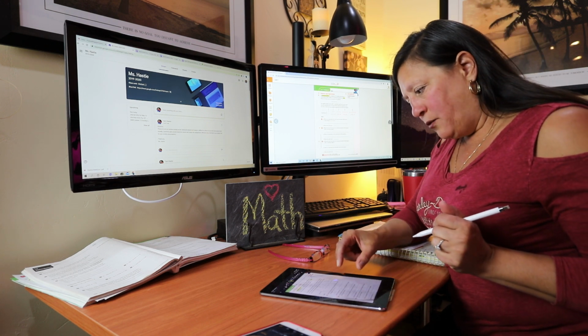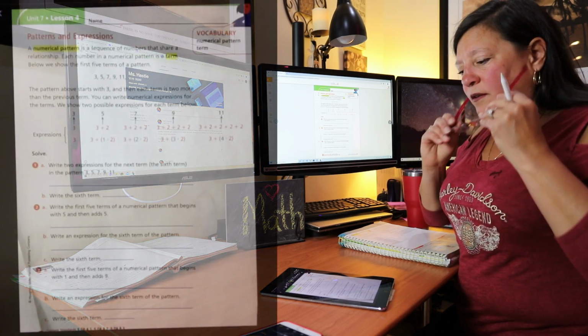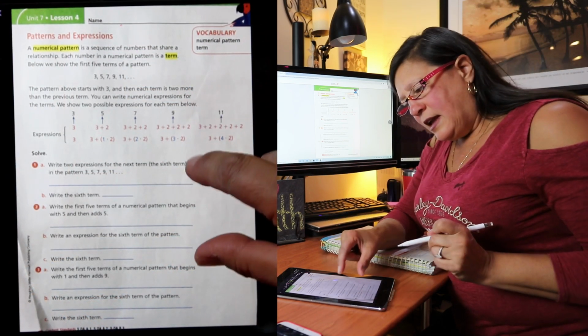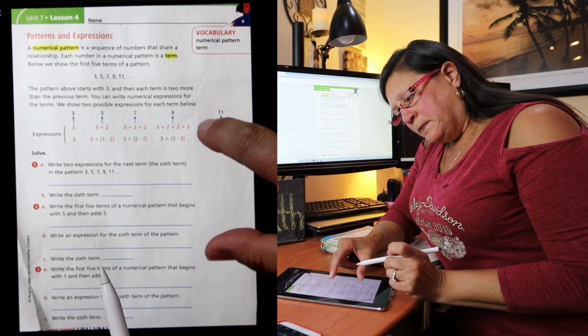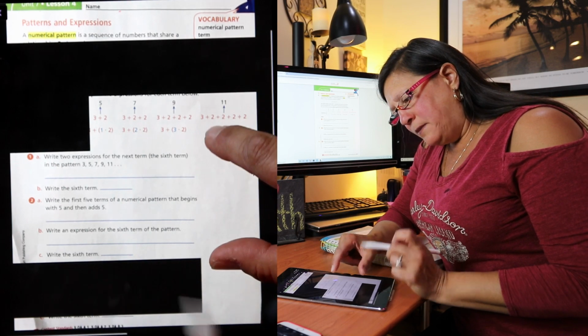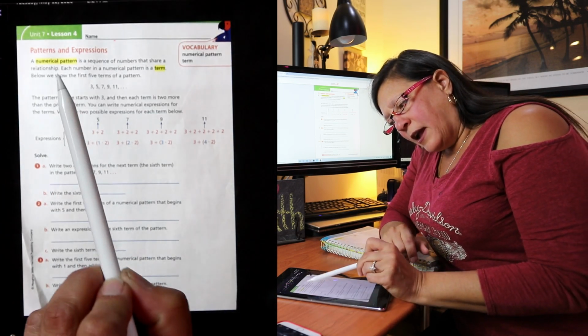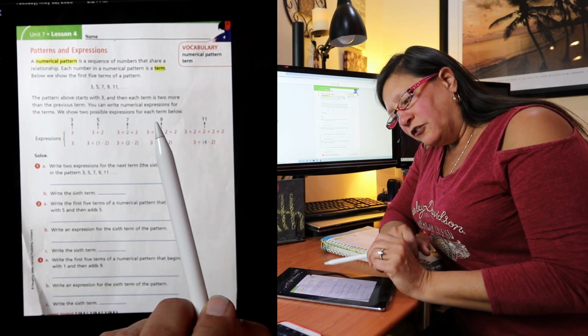All right, so we are going to begin on page 291. Turn to 291 in your activity book. Today we're learning about patterns and expressions. Okay, read along with me. A numerical pattern is a sequence of numbers that share a relationship.